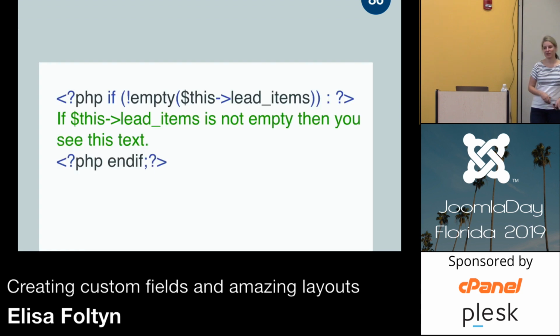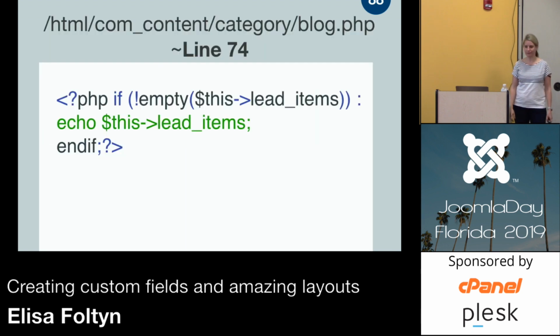Okay. So if I set up the lead items, and the condition meets, they are not empty because I created the articles. They exist, and I have them. So if they are not empty, then display this text.